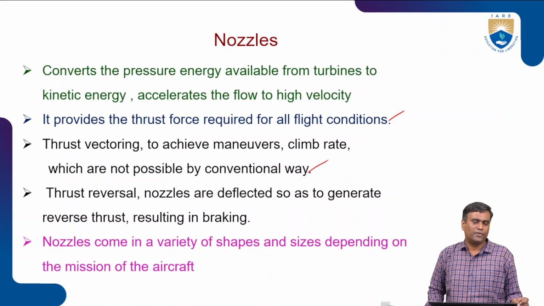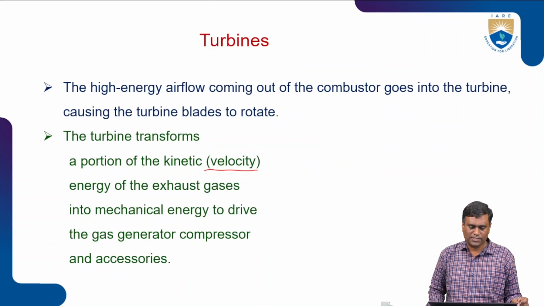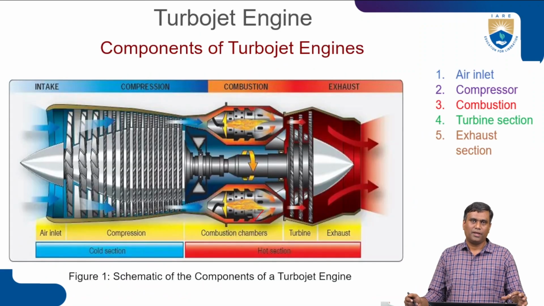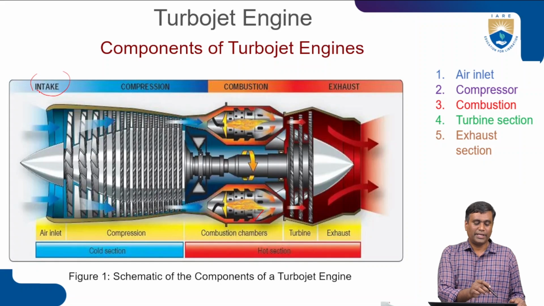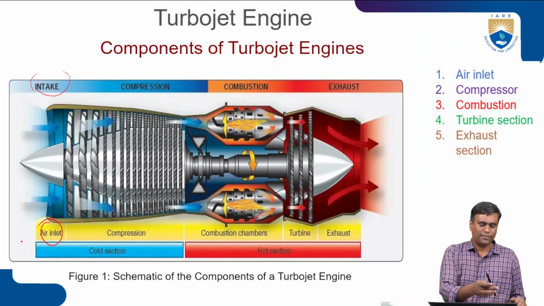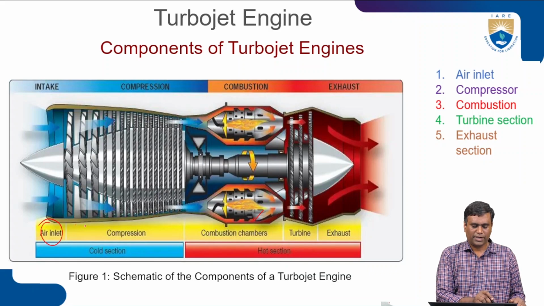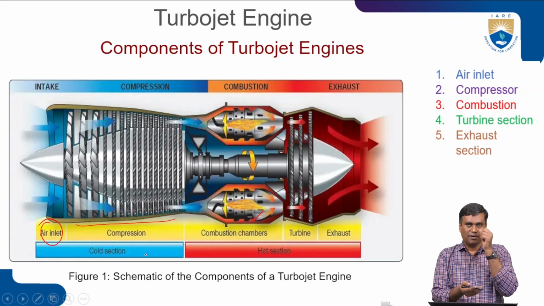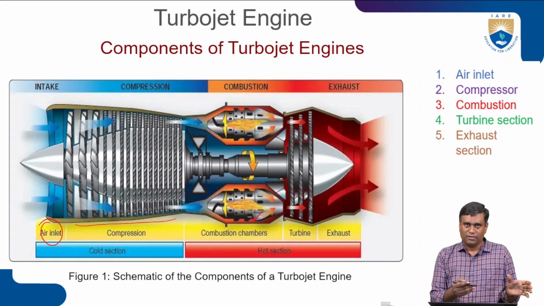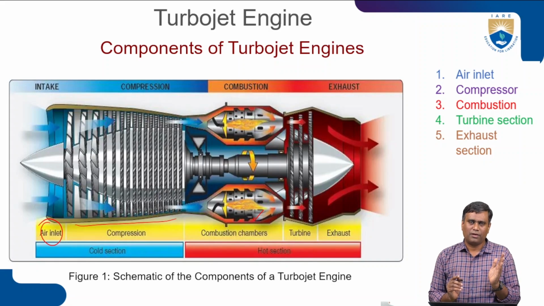So in this lecture, once again I'll go back to the first slide. We have seen the primary function of the intake, otherwise the inlet, and then the types and function of the compressors, including subcomponents such as the low pressure region, high pressure region, stator and rotor.